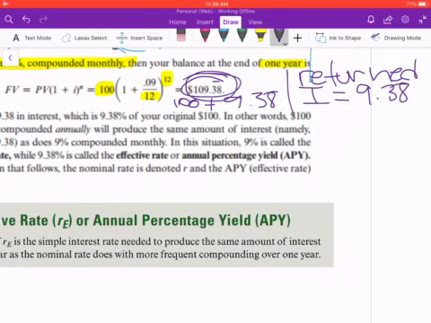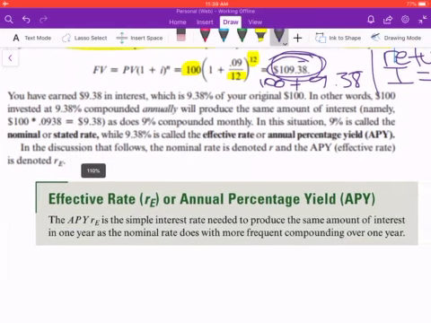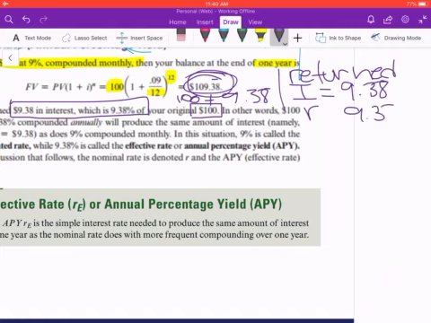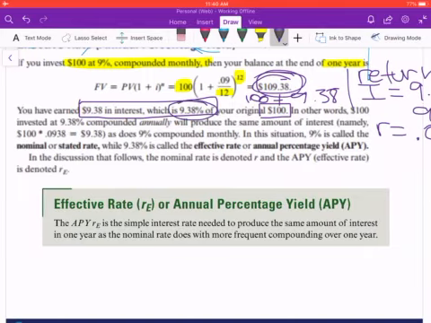So in this case, we could compare this to, we could say that the return of the original investment, because we started with 100, will be 9.38%, which we can consider that the rate of return was 0.0938. And so that is what we have here.